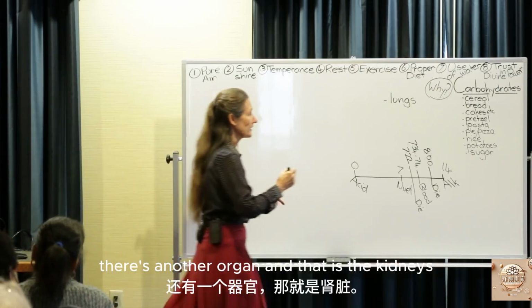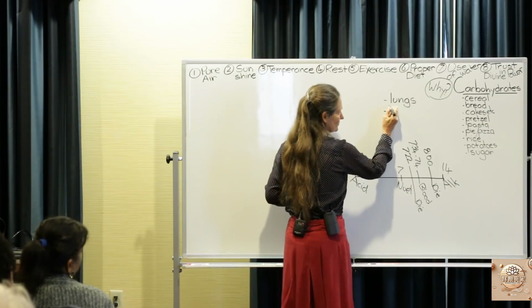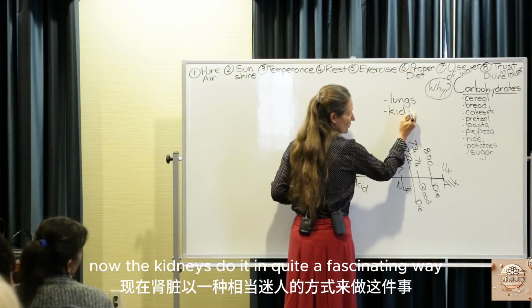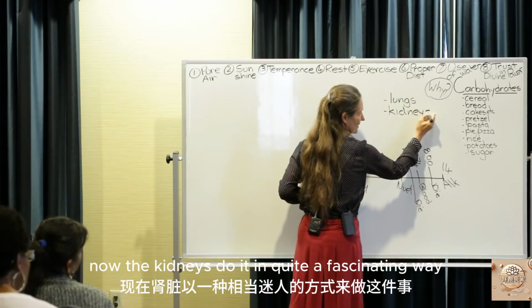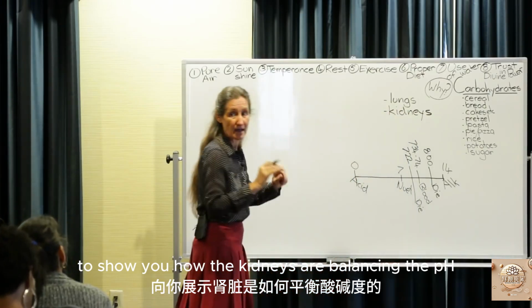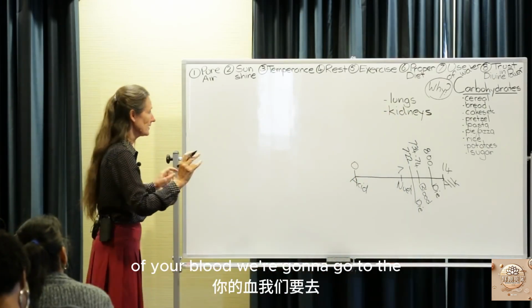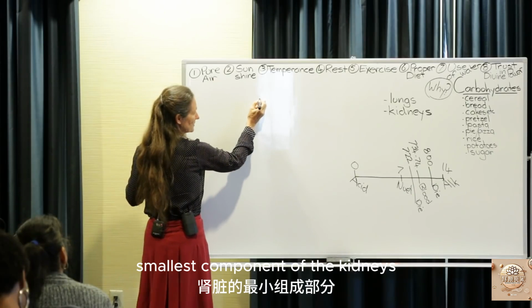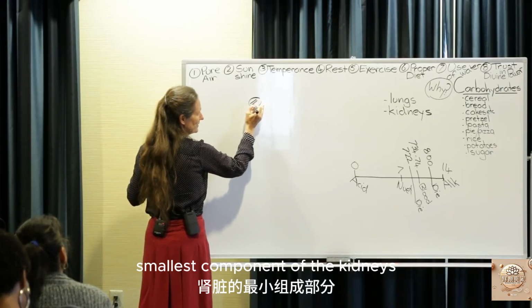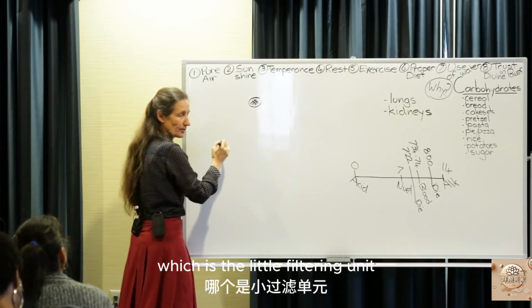There's another organ, and that is the kidneys. Now the kidneys do it in quite a fascinating way. To show you how the kidneys are balancing the pH of your blood, we're going to go to the smallest component of the kidneys, which is the little filtering unit.